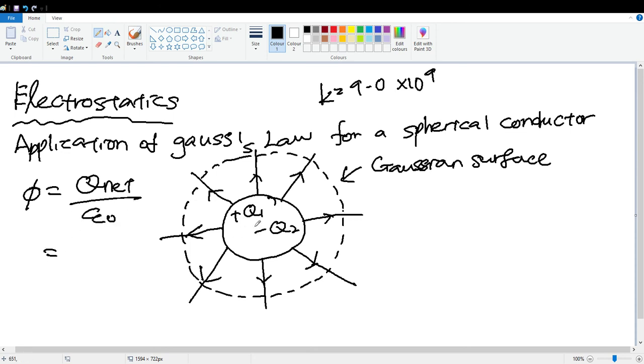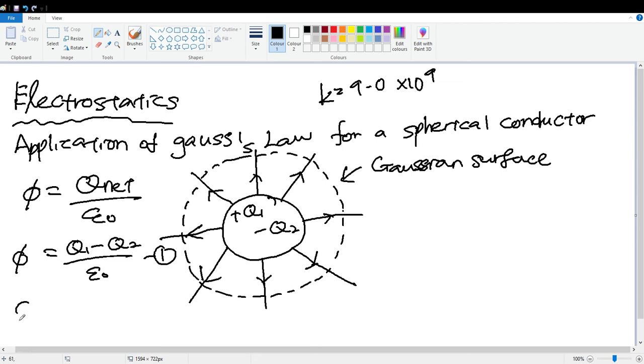The net charge here is Q1 plus negative Q2. This is only an example given by me, not the actual net charge.